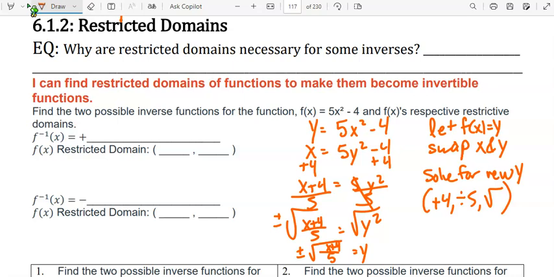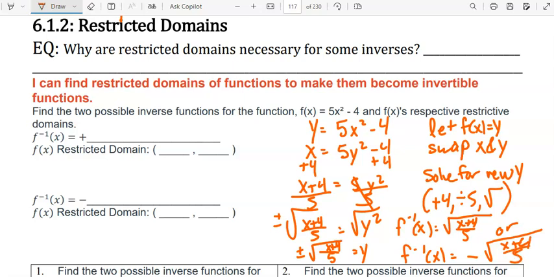So then we either have f inverse of x equals square root of x plus 4 over 5, or we have f inverse of x equals negative square root of x plus 4 over 5. So let's write those as a blank. Everything's the same except for one's a positive, one's a negative.